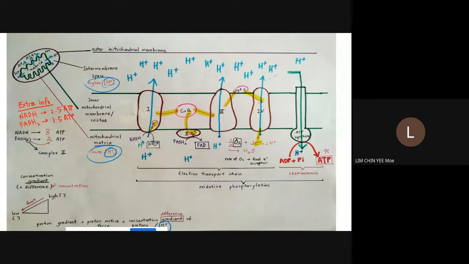If you use 2.5 ATP times 10, I only get 25 ATP. And then 1.5 times 2, I only get 3 ATP. So total ATP tu akan jadi kurang lah. Memang tak salah kalau you baca dekat mana-mana buku yang dia cakap, oh total ATP hanya 35.